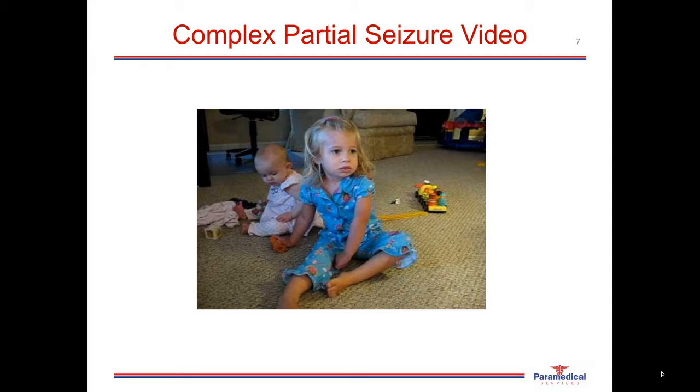But you would have noticed that the child was still able to look around and seemed to be quite aware of her surroundings when the mother or the carer knelt down on the floor next to the child, who turned and looked at them. So it just goes to show that not the whole of the brain is affected. They're still able to process certain bits of information while the seizure is occurring, and the child was very aware of when the seizure had actually ended.